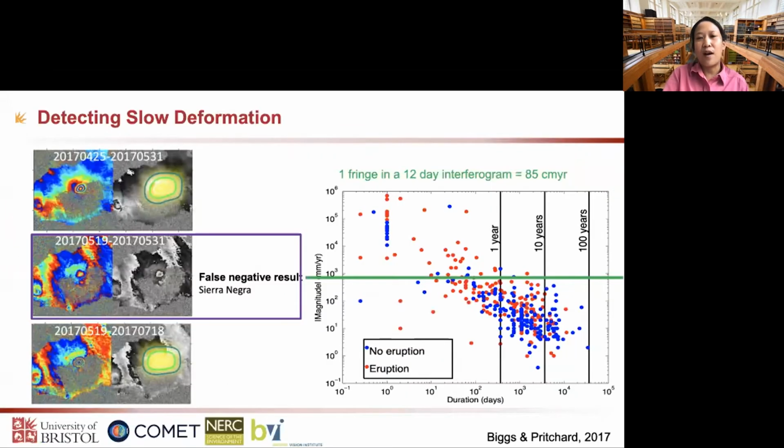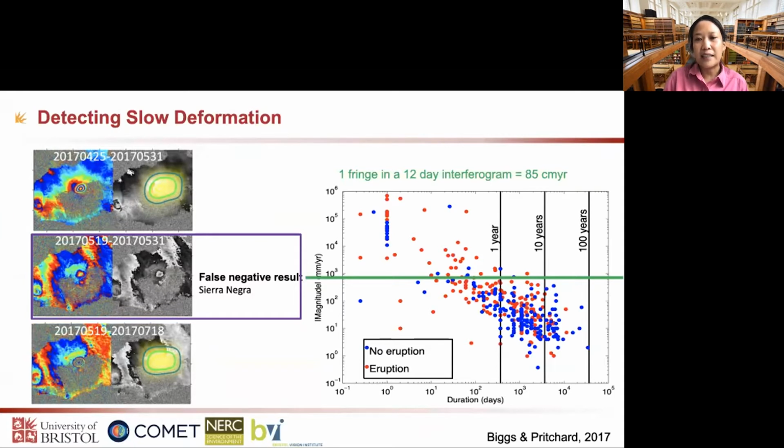It happens where the interferogram shows only one fringe, because the CNN learned the fringes. So when there is only one fringe, it cannot see the pattern very well. You can see here it's a time interval of only 12 days, so more fringes show in the longer time spans, like the top and the bottom ones.